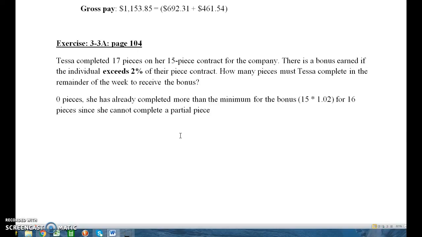Because she's already completed more than the minimum. Remember, the minimum is 15 pieces. Multiply that by 1.02, which is 2%. So 15 times 2%, she only had to make 16 pieces since she cannot complete a partial piece. So she did exceed the piecework contract.